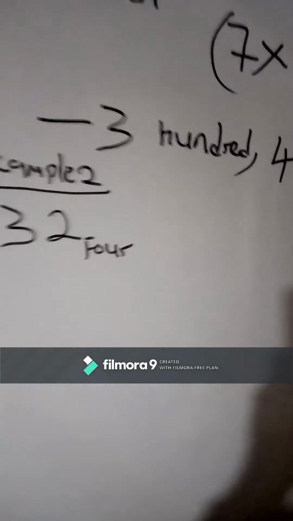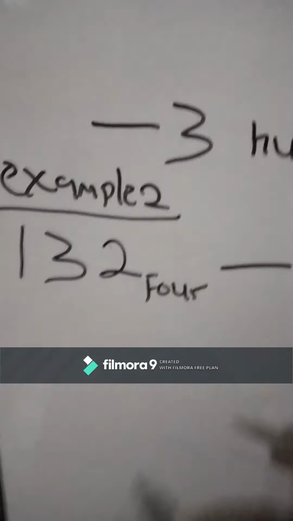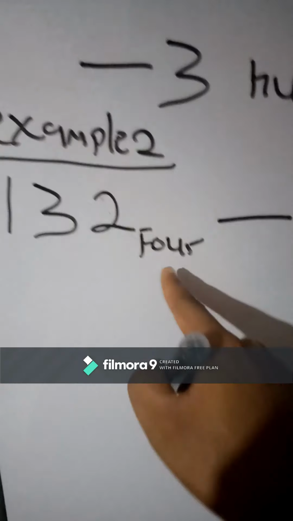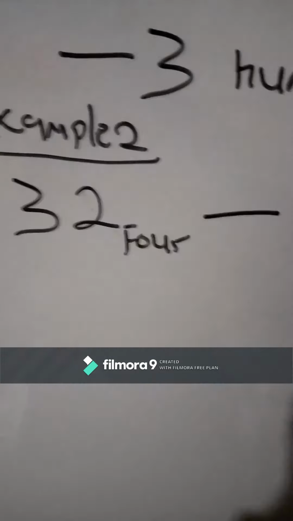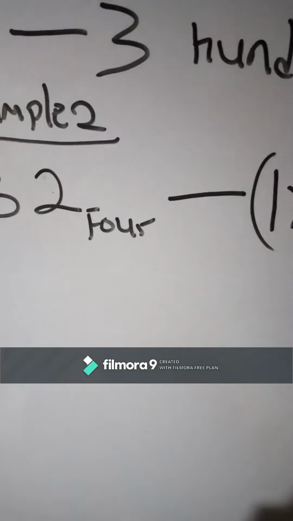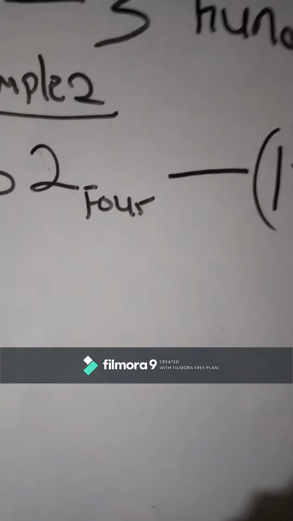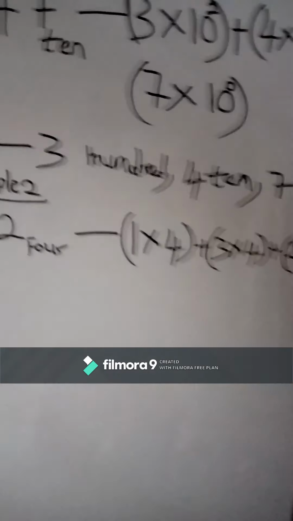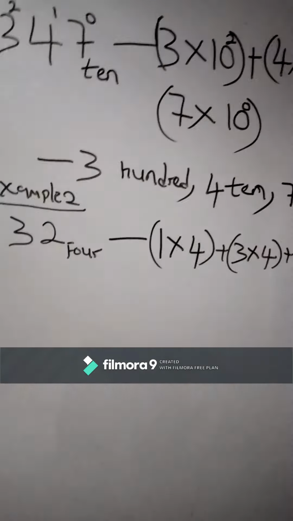Now remember that to expand this, you expand with the base. So I have 1 times the base 4, 3 times the base 4, 2 times the base 4. Now remember that you are introducing the powers from behind.